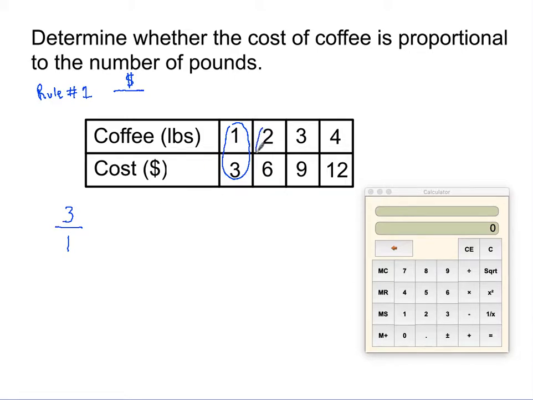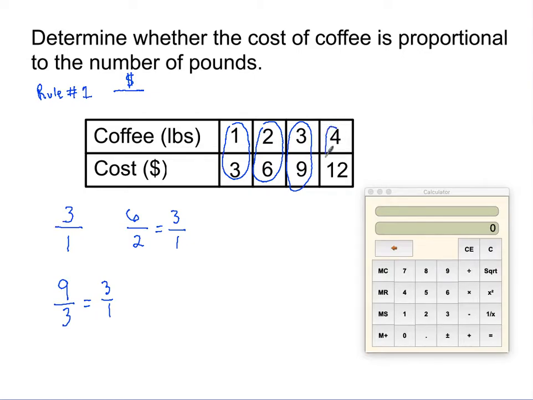Then I would take the next one and I would do this, 6/2. So 6/2 can simplify. It simplifies to 3/1. All right, then I would take the next one, and I want money to go on top always. So this one I'm going to do this exact same thing and make it 9/3. And that one will simplify. 9/3 simplifies to 3/1.